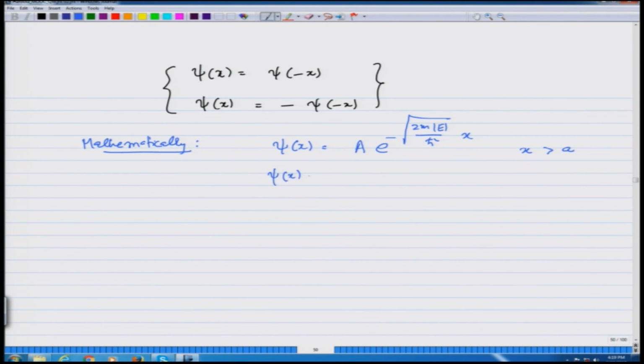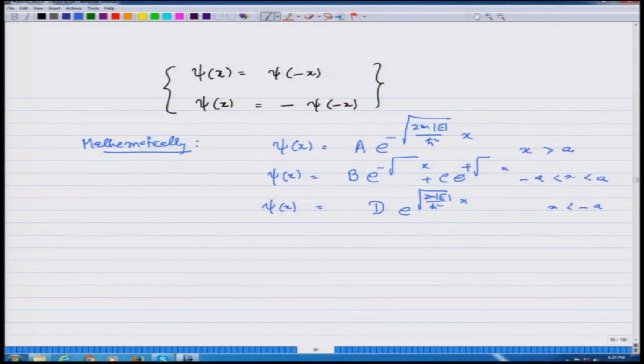Psi x is equal to some constant b e raised to minus square root of whatever this quantity is plus c e raised to plus square root of this whole thing x for x between a and minus a, and psi x equals some d e raised to square root of 2 m mod E over h cross square x for x less than minus a, and then match the boundary conditions that psi be continuous at the boundary and so on, and then you will find your solution.